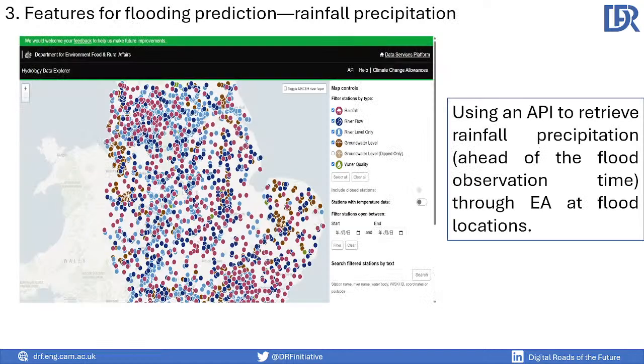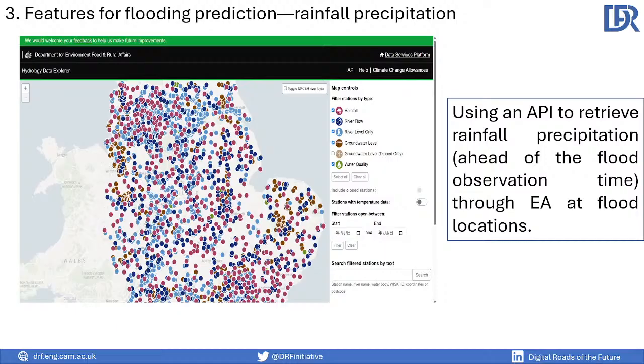First, we're using this API from the Department for Environment, Food and Rural Affairs to get the precipitation rate. Because our historical flood event gives us the location and the time where the flooding occurs, we use the API to retrieve the precipitation rate ahead of the flood observation time.